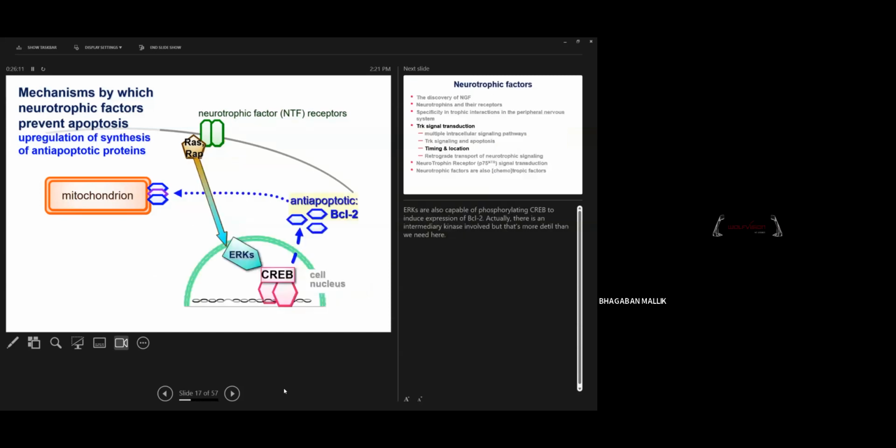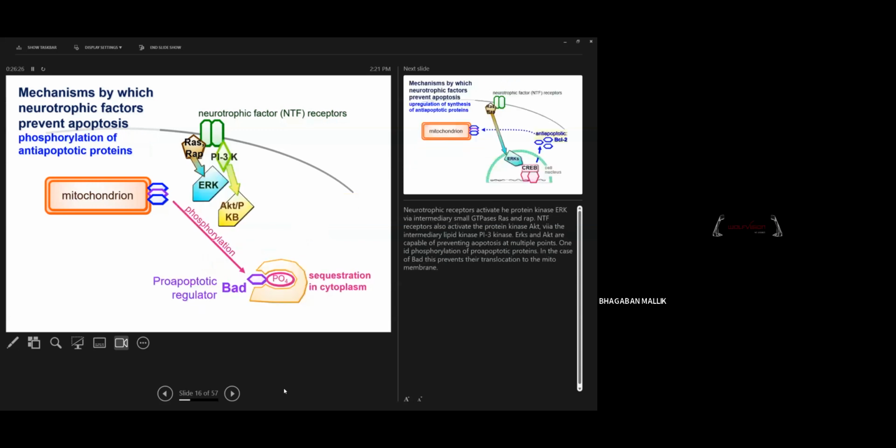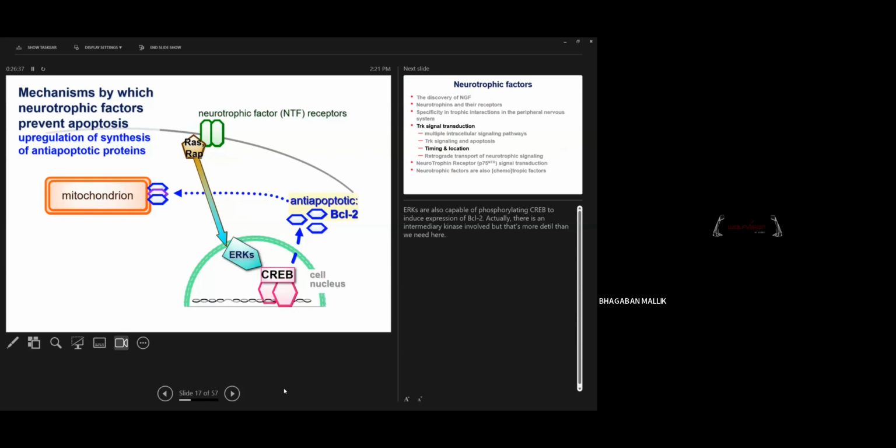Okay. So here showing how it can also transcribe and translate the anti-apoptotic protein BCL2. So here the RAS and RAP. The function of PI3K is activation of AKT, protein kinase B, and sequestration of this BAD protein. But the RAS and RAP, basically what they do is they can activate the ERK kinases.